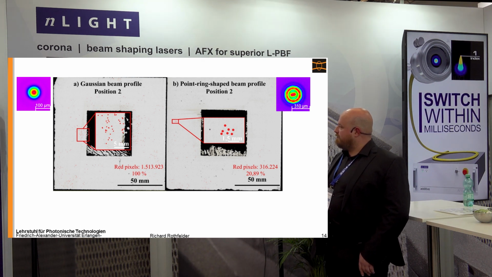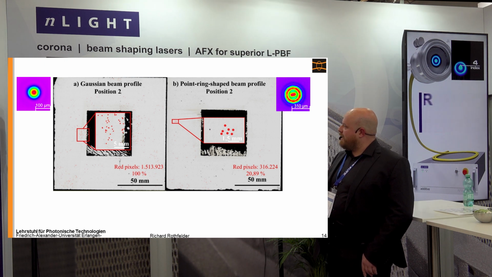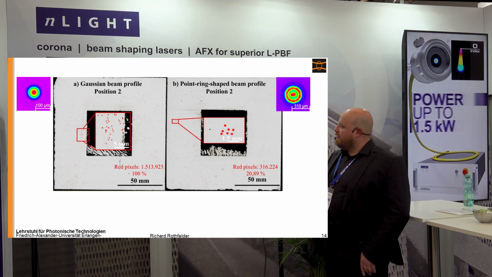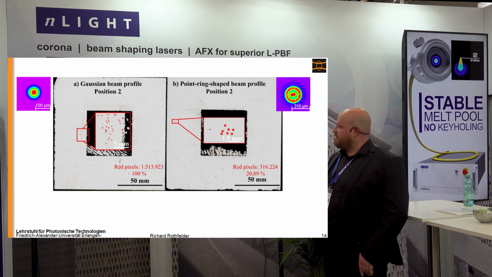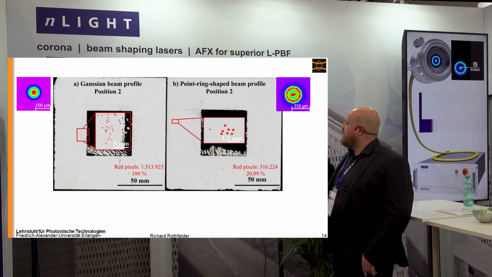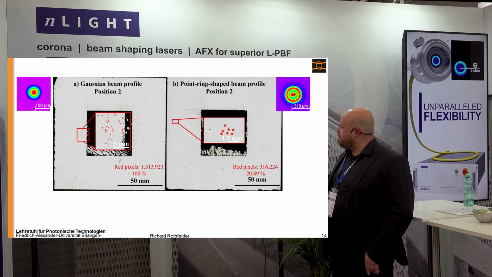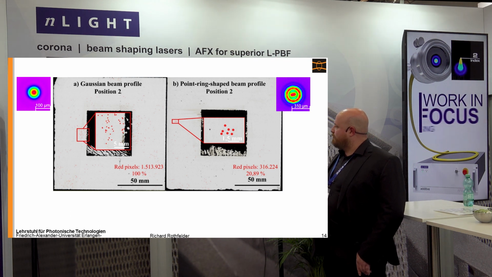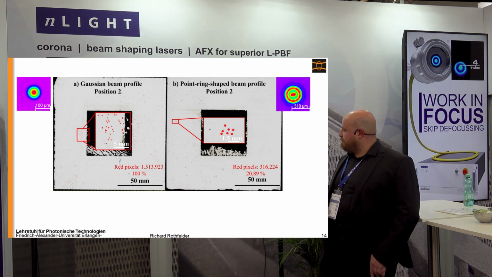But here we really see a strong difference. On the Gaussian area, we have particles everywhere over the place, which we normed to 100% with 1.5 million pixels for the Gaussian beam distribution. In comparison, when we look at the ring-shaped beam profile, we see that this dropped to nearly 21% of this.